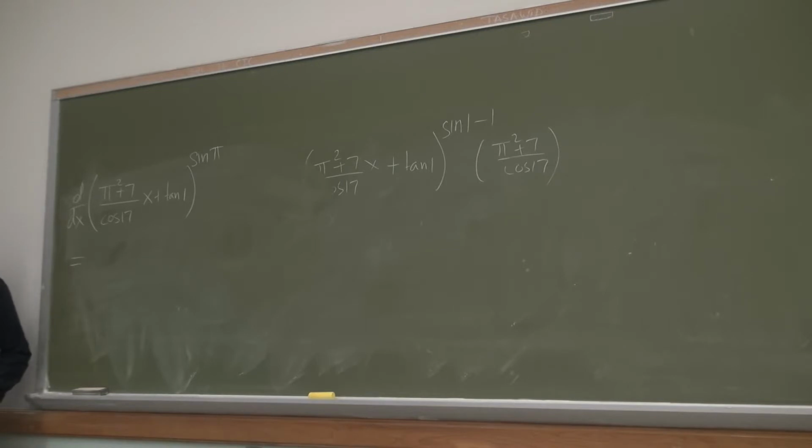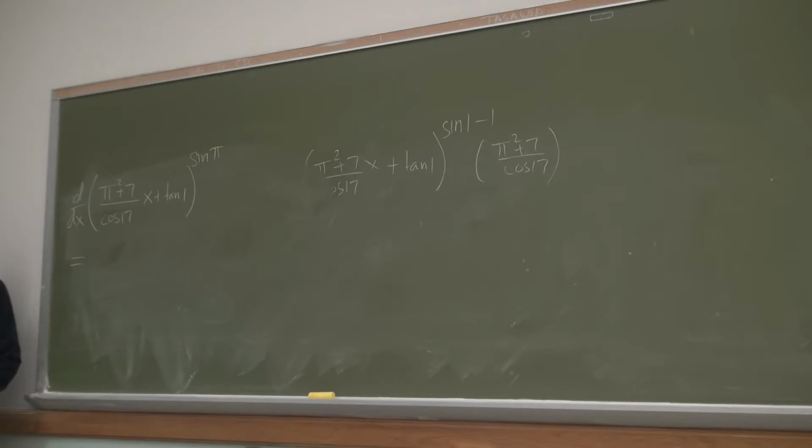But it can't be the same thing. You cannot do that. It's all sine pi. Because it's a power and that's not a constant. Yeah, the power is sine of pi.